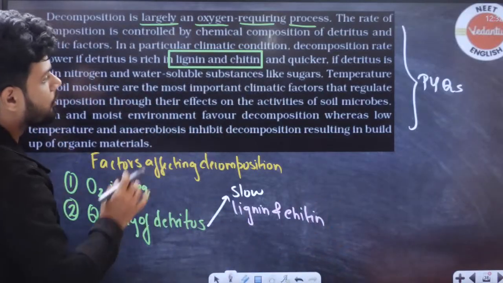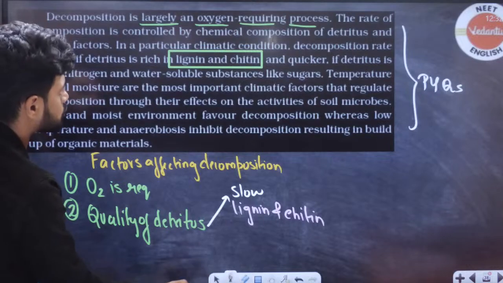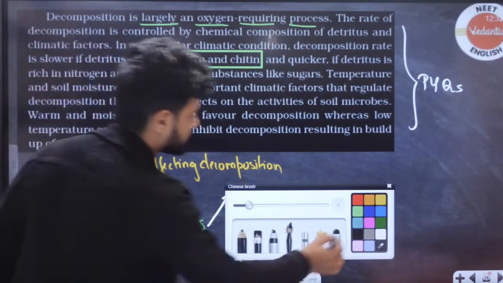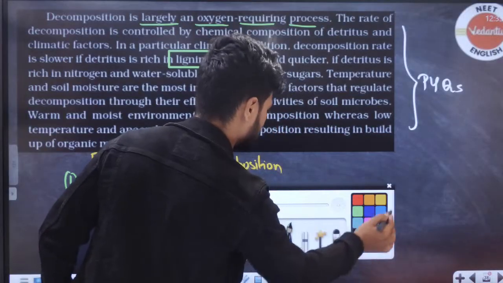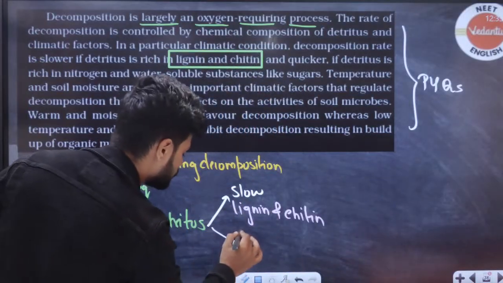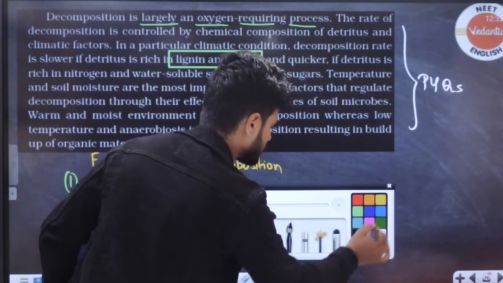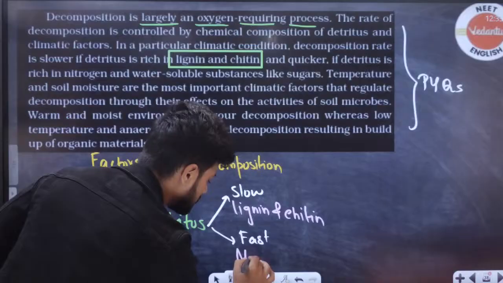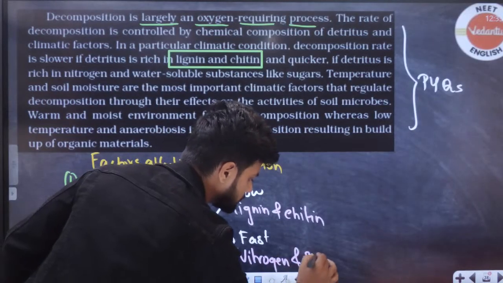And it is quicker if detritus is rich in nitrogen and water-soluble substances like sugar, basically cellulose. It is going to be fast if it is rich in nitrogen and sugar.